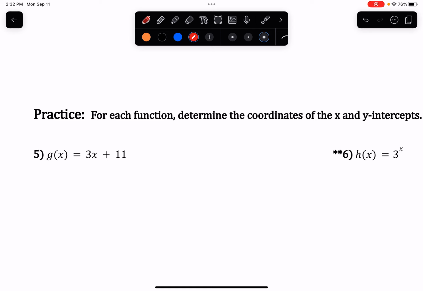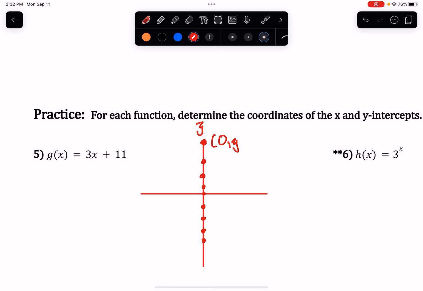Now, if I have a graph and I look at all of the points on the y-axis, they all have something in common. And that is that every point on the y-axis has an x-coordinate of 0.